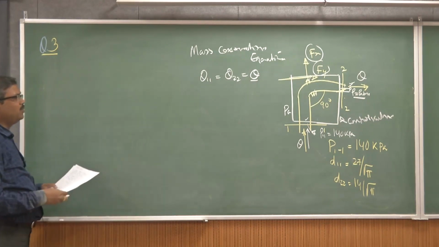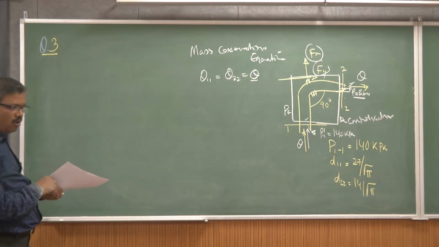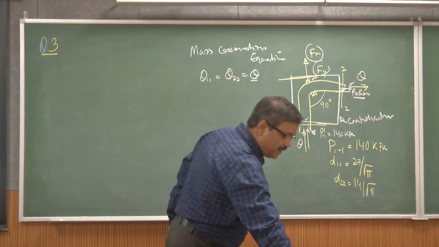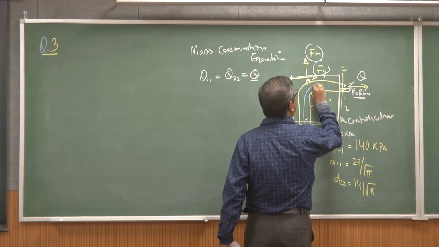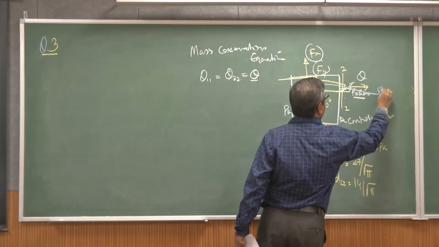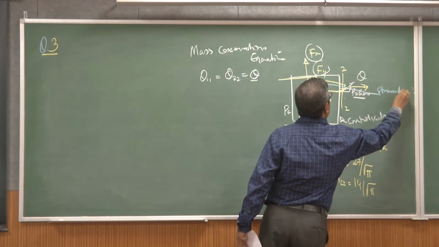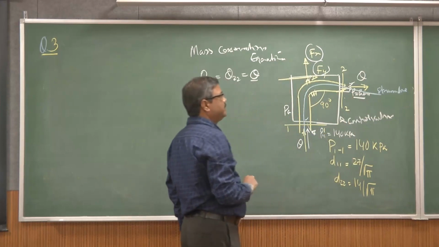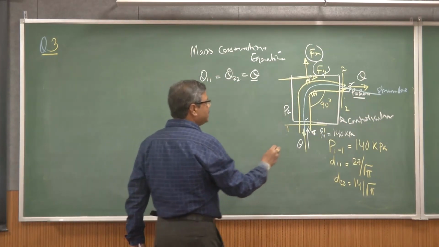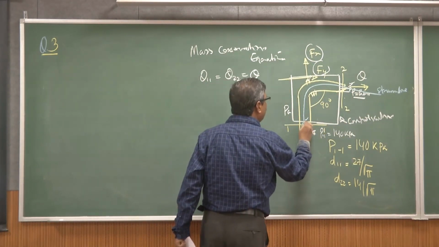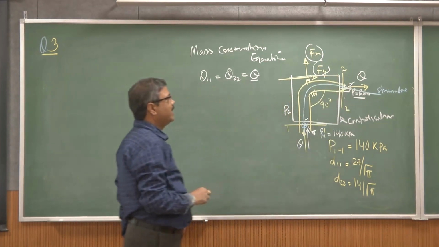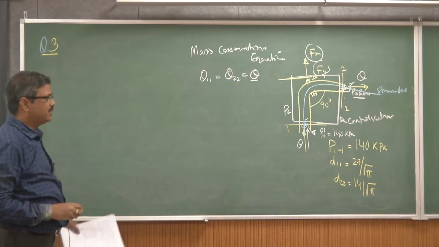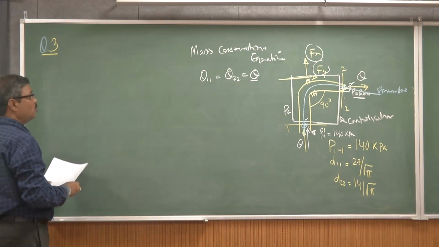So Q is constant here, and I can draw a streamline. Along this streamline, between section 1 and section 2, we can apply Bernoulli's equation.